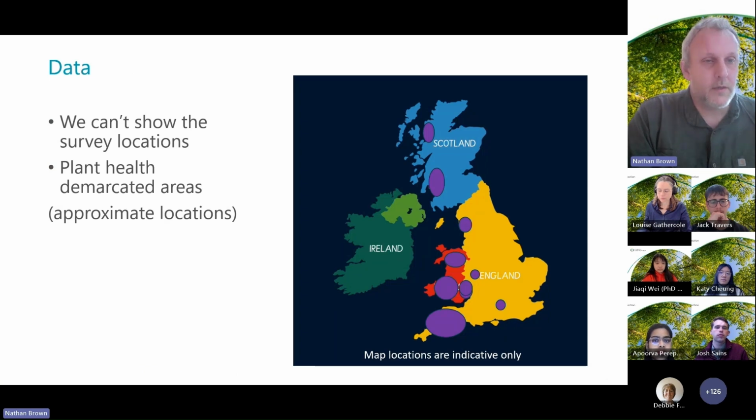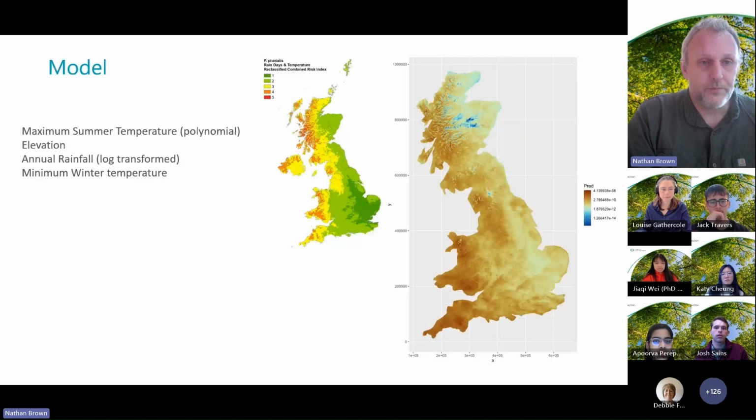In terms of the data, this is a quarantine organism and ongoing outbreak, so we can't really report or show you the data we're working with, but these are the plant health demarcated areas for Phytophthora pluvialis, and it's very westerly in its distribution.